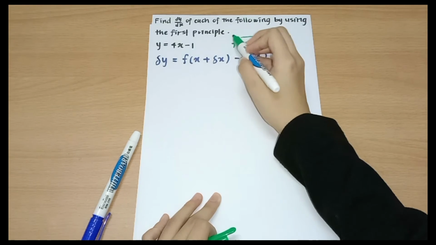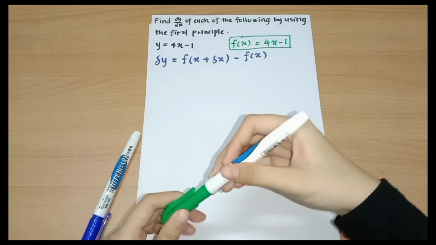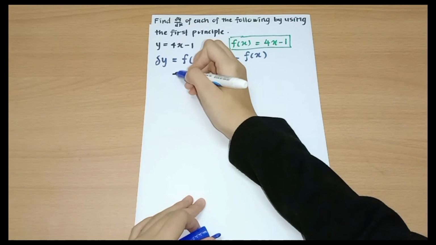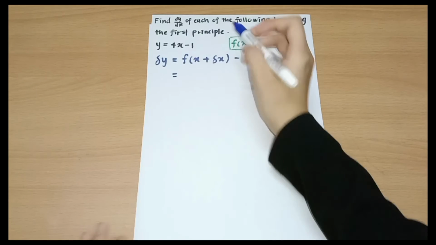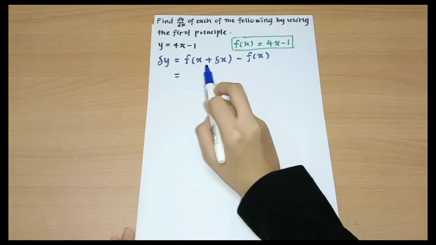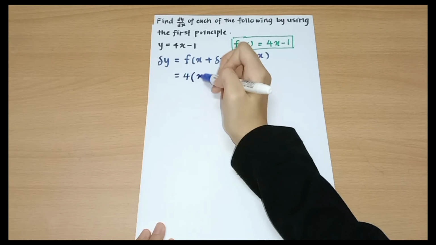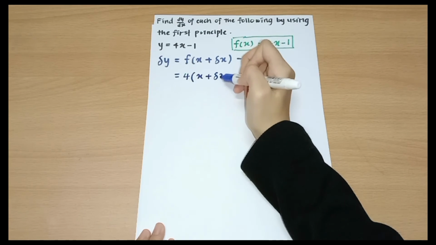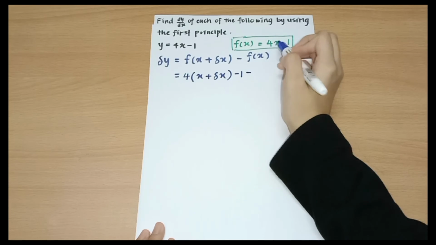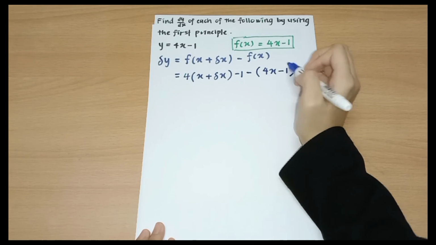So f(x) equals to y. So if f(x) equals to 4x minus 1, then f(x plus delta x) equals to 4(x plus delta x) minus 1 minus the f(x) for 4x minus 1. And don't forget the bracket.